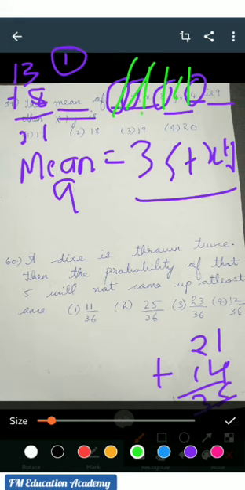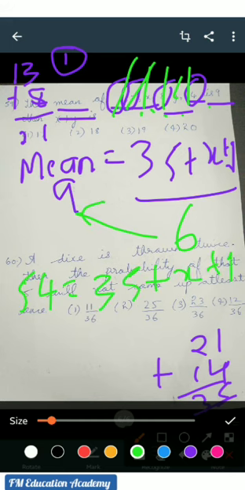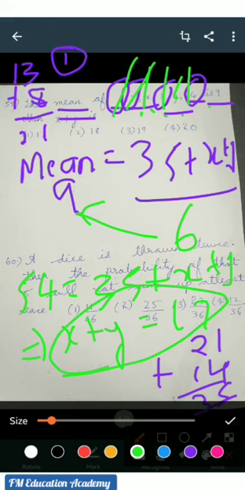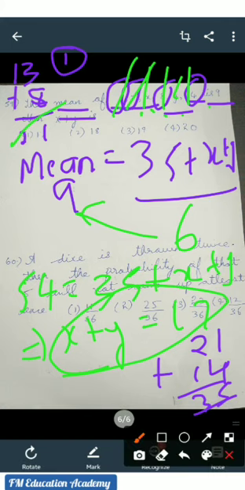So 9 times 6 is 54. 54 is equal to 35 plus x plus y, or x plus y is equal to 54 minus 35. What is 54 minus 35? 17. So what is the value of x plus y? 17. That is option 1.